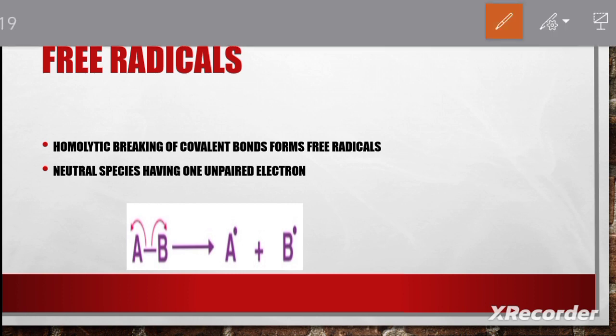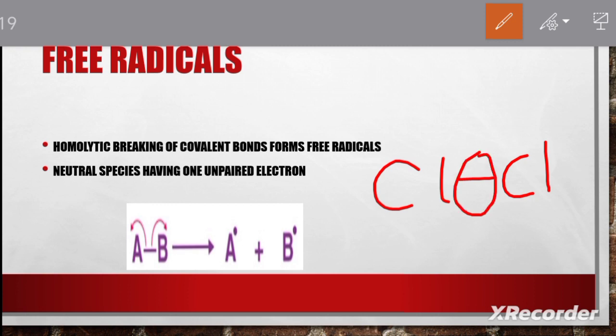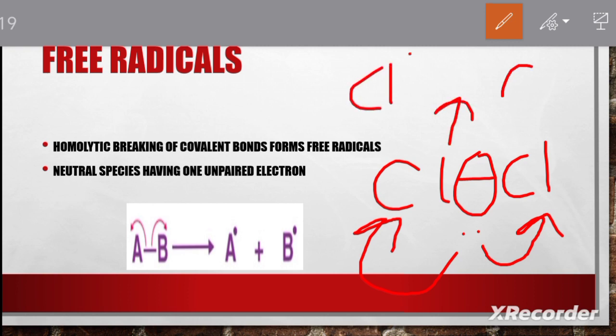For example, think here chlorine is bonded by a covalent bond. This bond has two electrons. One of these electrons is taken by this chlorine and one by the other chlorine. We call the formed products free radicals.